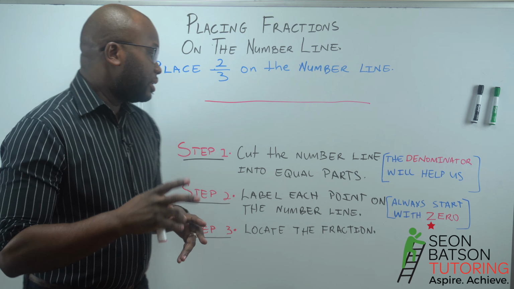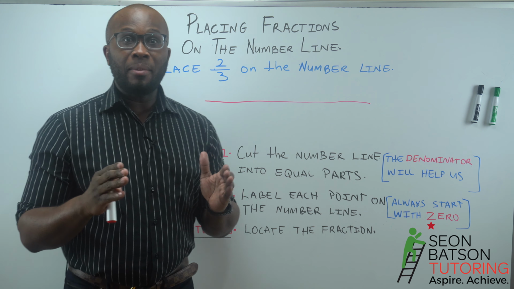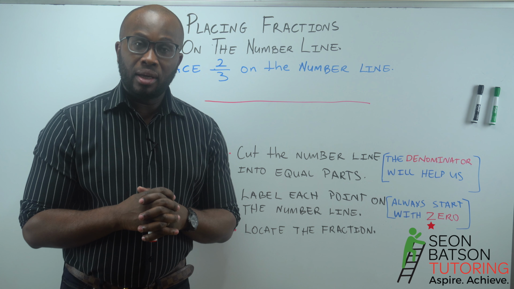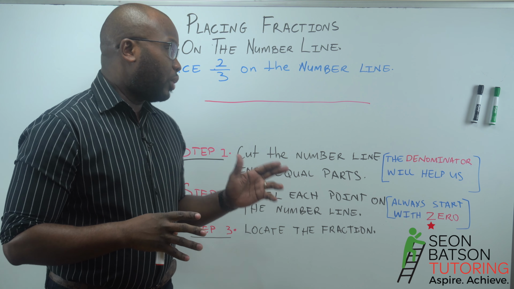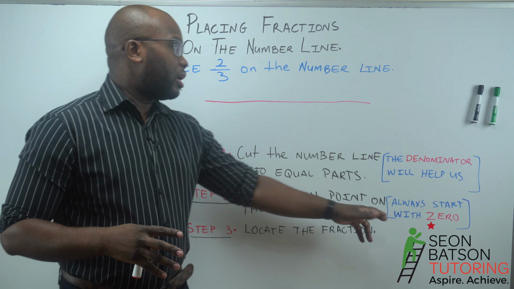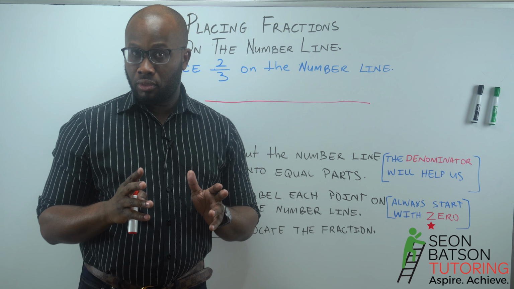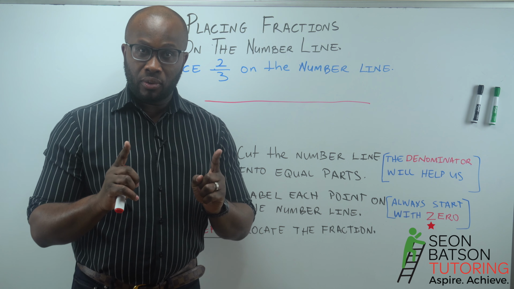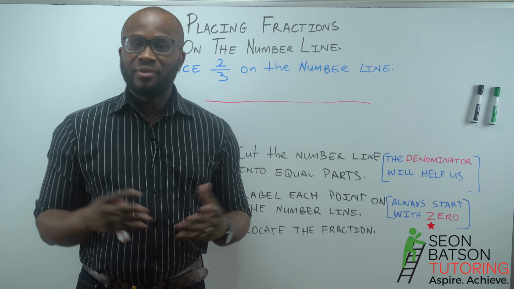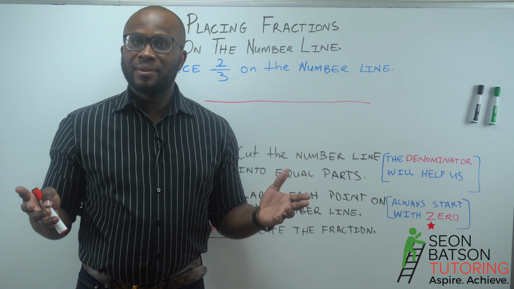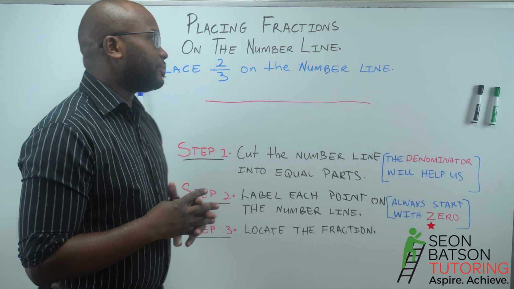Now, step 2, we will label each point on the number line. Now, very important. When we label the points, we will always start with 0. Not 1, but 0. And step 3, we will locate the fraction. That's it. Let's try one.